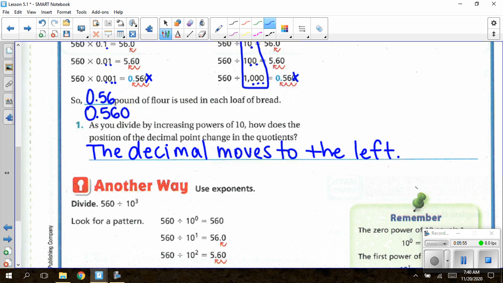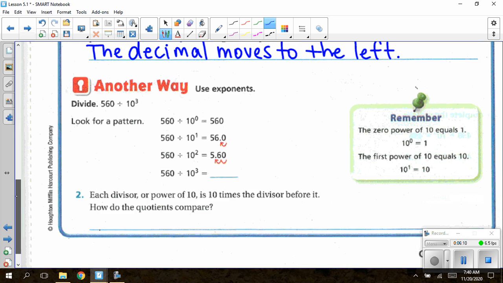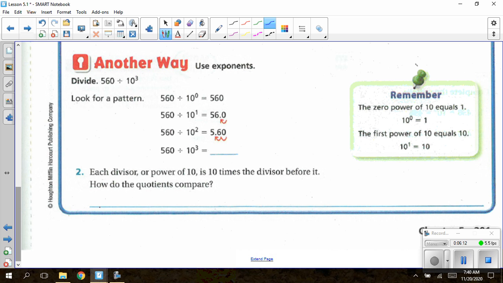So when I move on now, another way is to use exponents as we are working through our powers of 10 and division. So still the exact same whole number, 560, but this time they are showing the increasing powers of 10 as our base with our exponent.